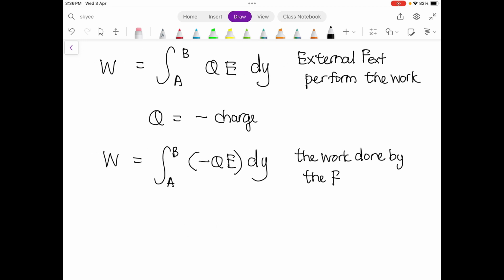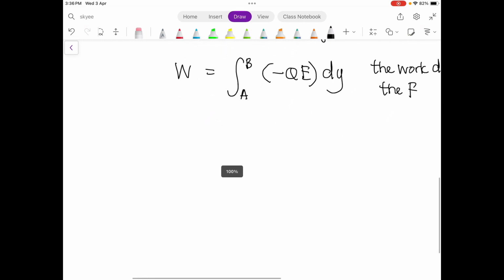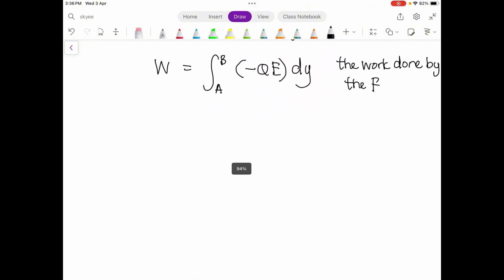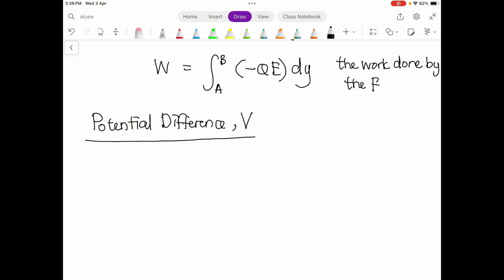Now we are going to relate this work done with the term called potential difference, V, or more commonly, the voltage difference.